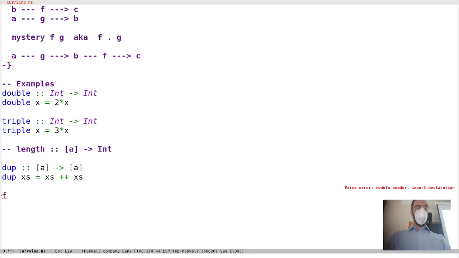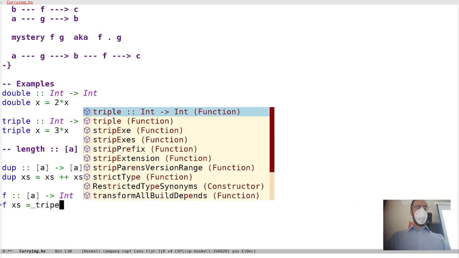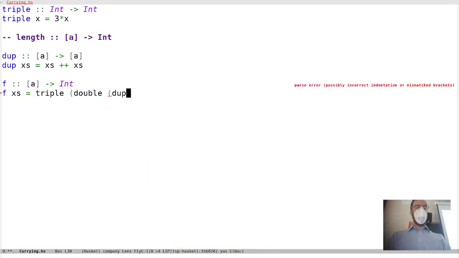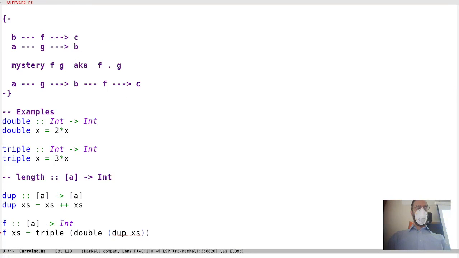So I'll write a function now, f. Does it make sense what this function is supposed to do?